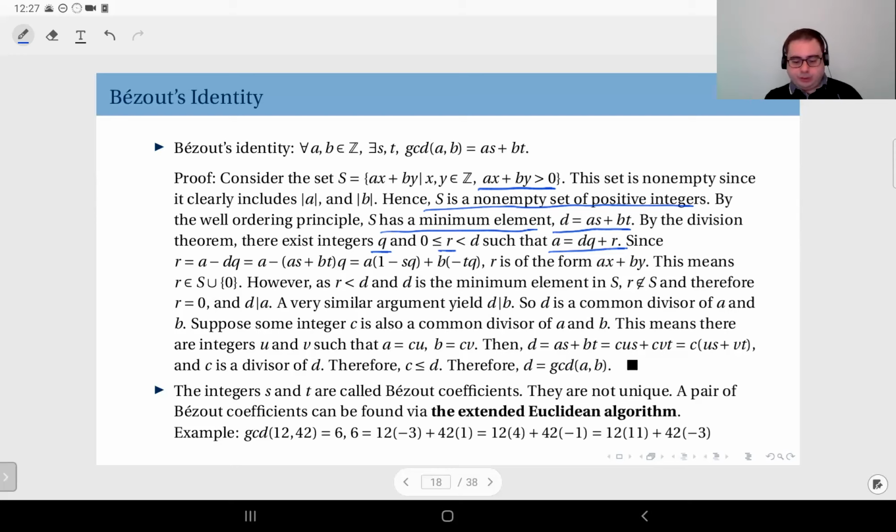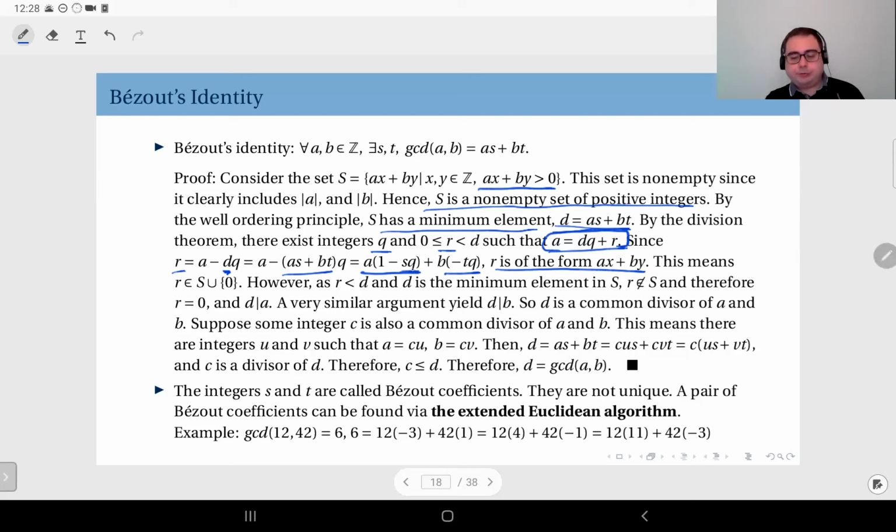Now, since R equals A minus DQ from this relation, I can plug in this definition here for D, AS plus BT, and write this as A times 1 minus S times Q plus B times minus T times Q. And this value R is in the form a times x plus b times y, because s, q, t, a, b, any number you see here are integers.